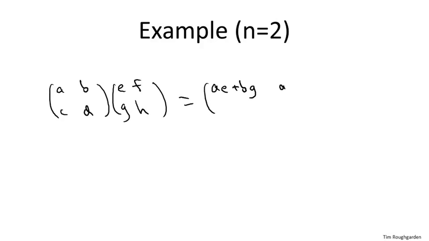To get the upper right entry, we take the dot product of the top row of the left matrix with the right column of the second matrix. So that gives us AF plus BH. And then filling in the other entries in the same way, we get CE plus DG and CF plus DH. Okay, so that's multiplying two matrices, and we've already discussed the definition in general.